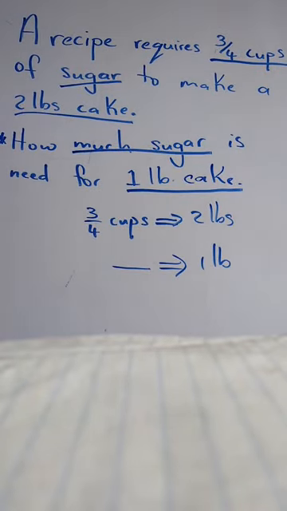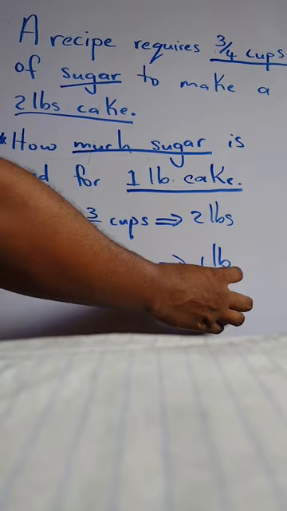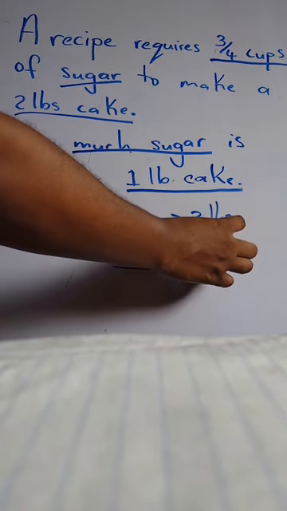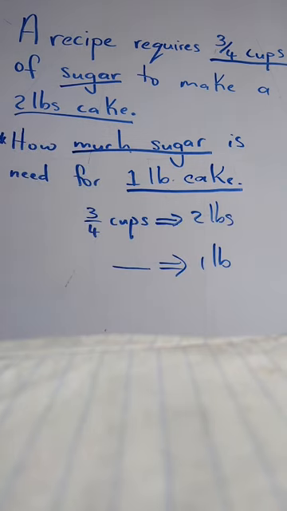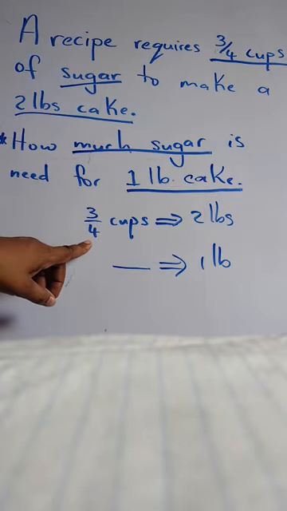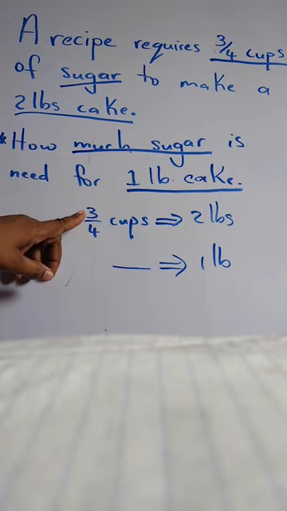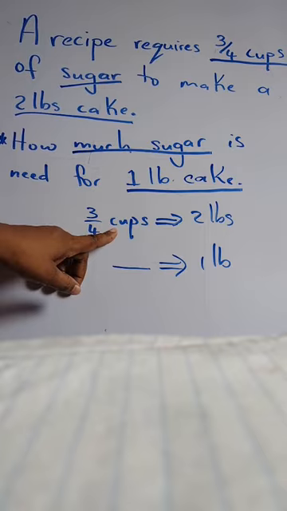That part is very important: I'm comparing the fact that I need to make a 1 pound cake to the fact that what I was making before was a 2 pound cake. So the requirement now is that I need to have half of the amount that I was using before. How does that affect the sugar? Originally we were using 3/4 cups of sugar.